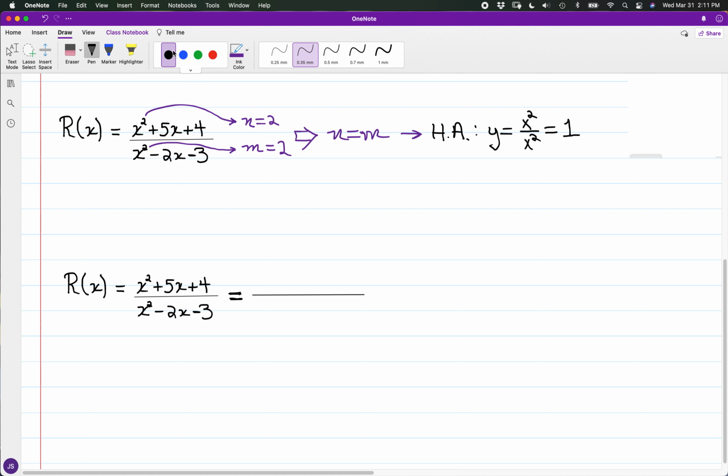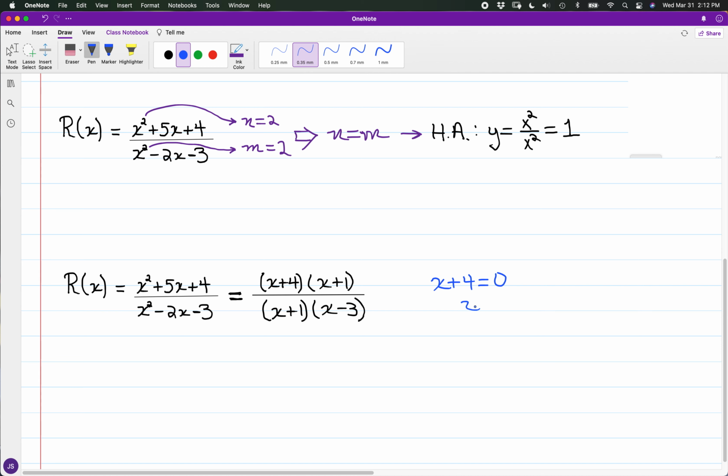So with x squared plus 5x plus 4, again, we're going to have the quantity of x plus 4 times that of x plus 1, all over x plus 1 times the quantity of x minus 3. And just looking at our factors in x, we have x plus 4 equal to 0.